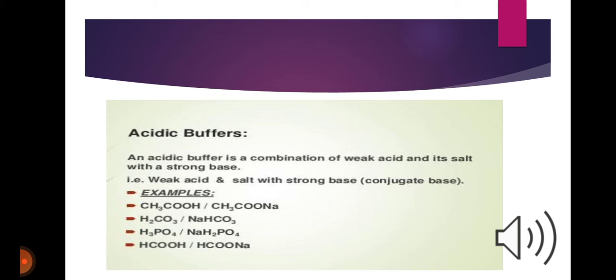That is, a weak acid and its salt with a strong base, generally called the conjugate base.